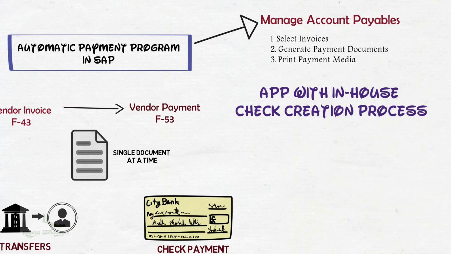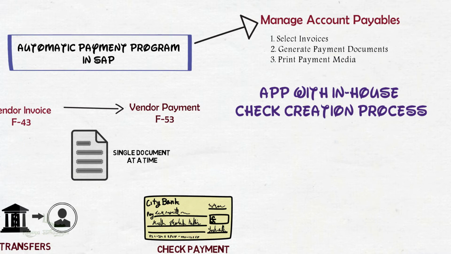When I say in-house check creation, this doesn't mean that we will be creating the individual checks manually like we have learned during our previous section. But in-house check creation process means we will be printing the check using the SAP system.